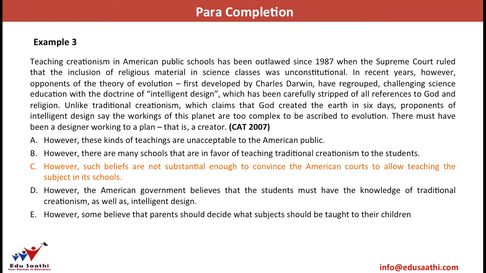Some people say that it is constitutional, and some say it is unconstitutional. We are not talking about whether they are in favor or not. So it violates the essence or the tone of the passage. So I'll remove even that alternative, and the answer that I'm left with is option number C as the correct answer.